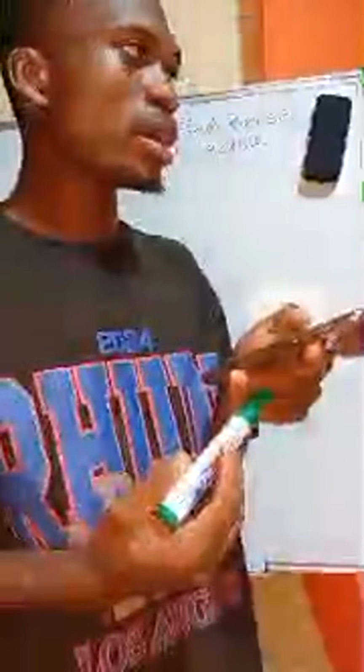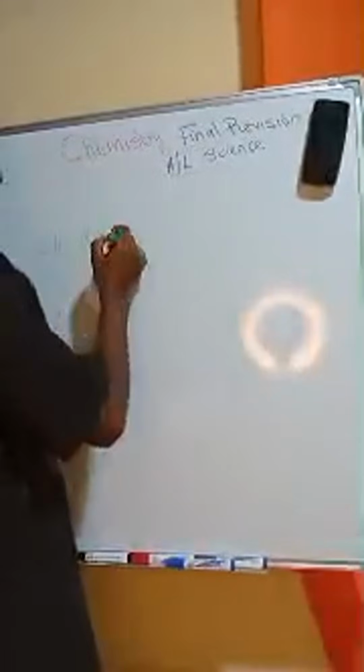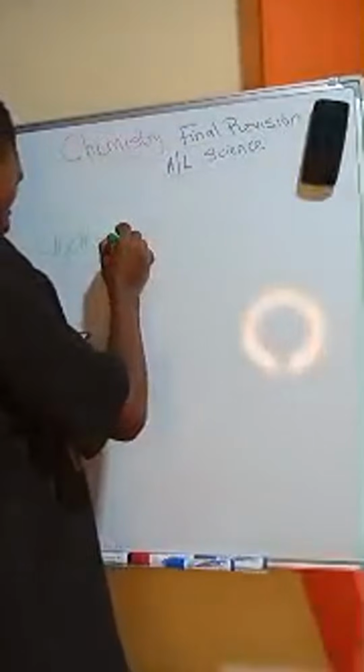You can just choose the addition of maybe hydrogen bromide to propene, for example. So let's do that. Let's have something like CH3CH=CH2 plus HBr. We are adding hydrogen bromide, right?